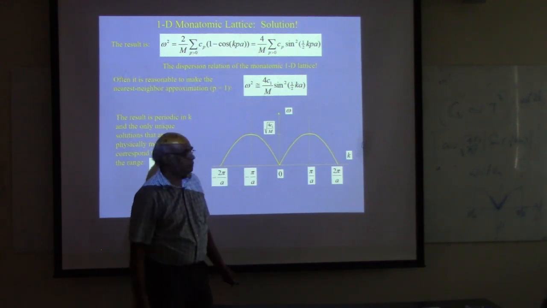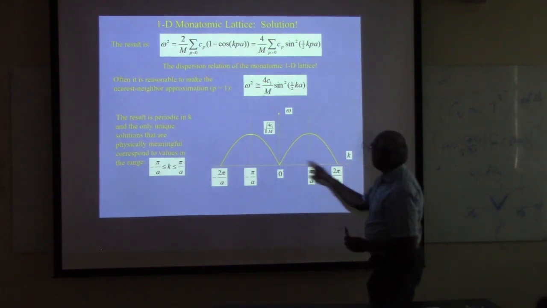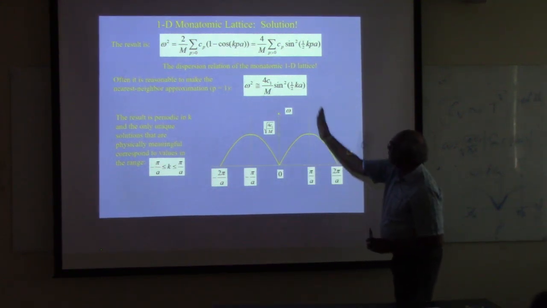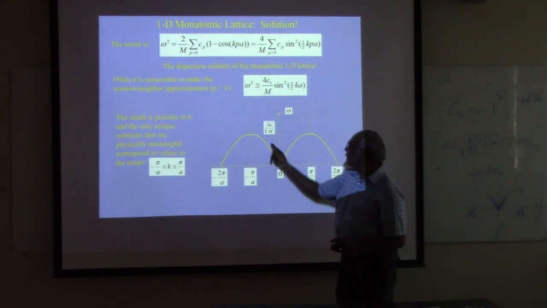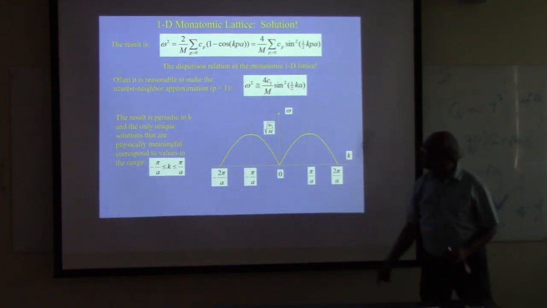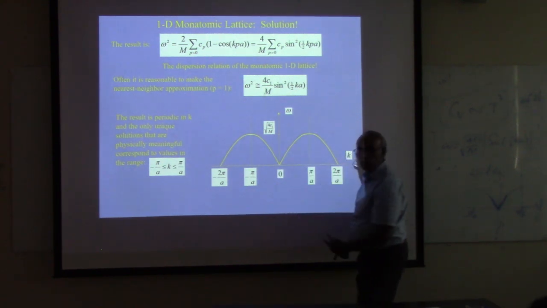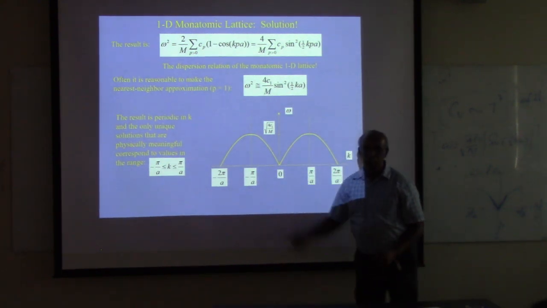That's all. These are your k vectors, right? If you take this one, intersect here, then you get the Brillouin zone boundary, this 2 pi over a, right? The width of the Brillouin zone is 2 pi over a, from minus pi over a to pi over a.